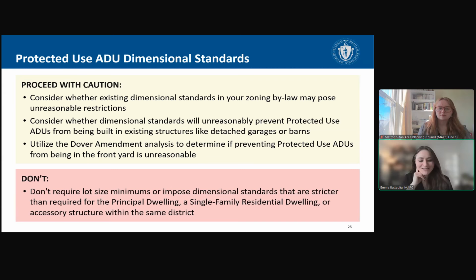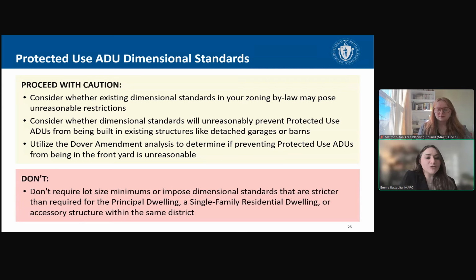And then again, you'll want to apply that Dover Amendment analysis to determine if preventing protected use ADUs, for example, from being in the front yard is reasonable. There are certain contexts, such as in corner lots and in lower density or rural areas with large lots, where it might be appropriate to allow them and unreasonable to prohibit under the Dover analysis.